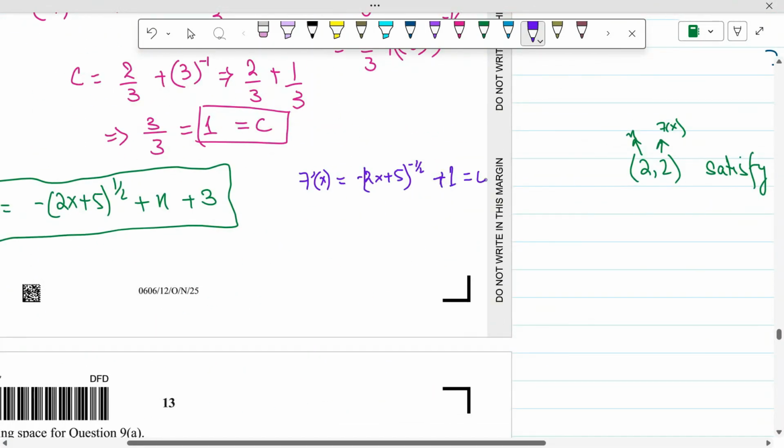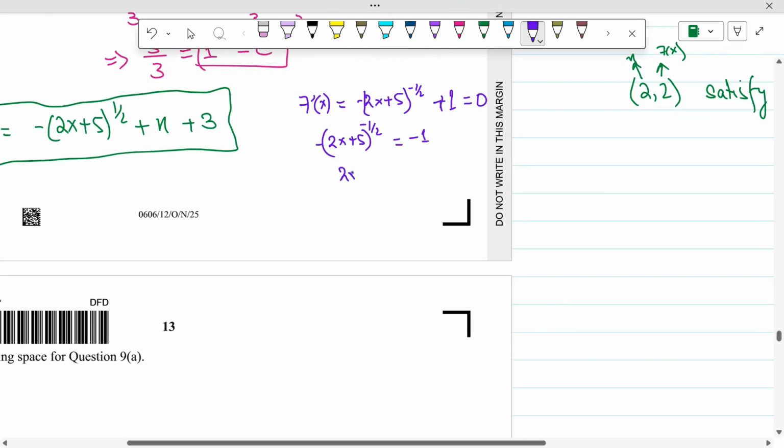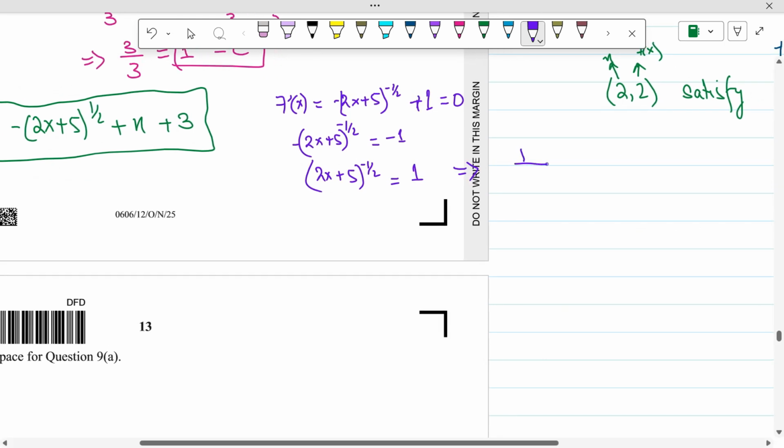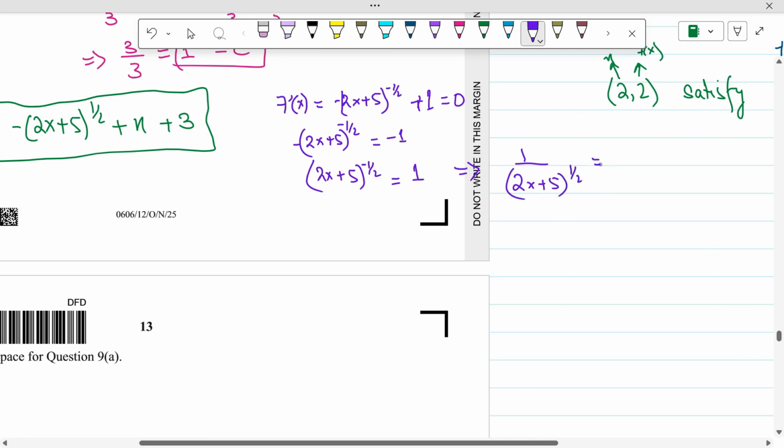Equating it with 0, this one is equal to negative (2x+5)^(-1/2), which is equal to negative 1, and (2x+5)^(-1/2) equals 1. And this one is equal to 1 over (2x+5)^(1/2) equals 1.